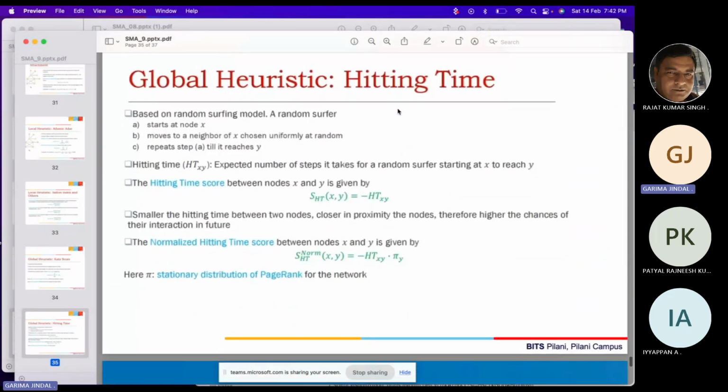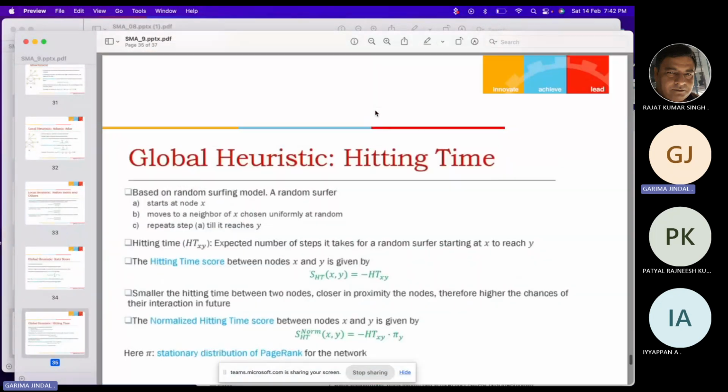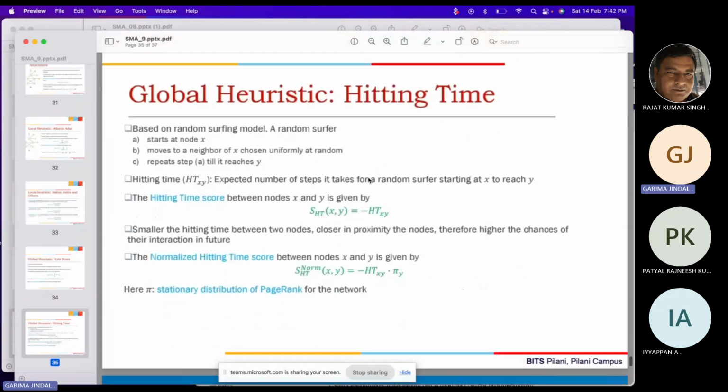Then in the global heuristic, we have seen different other formulas. That was the hitting time. In the hitting time, we have considered the random walk. So we are randomly walking in the network, and if we randomly walk in the network, what is the probability of reaching from one node to another node?